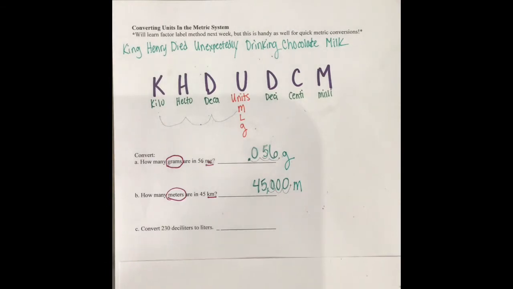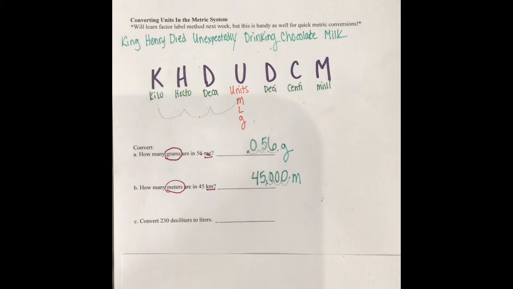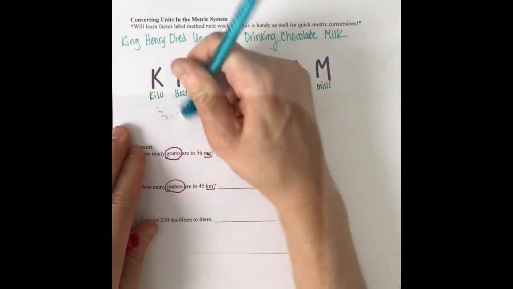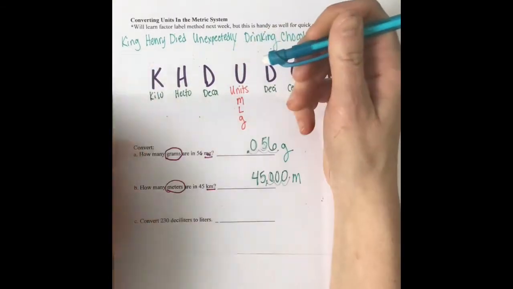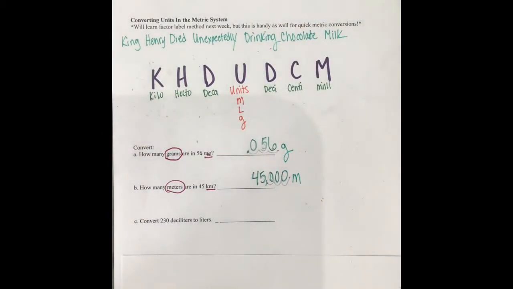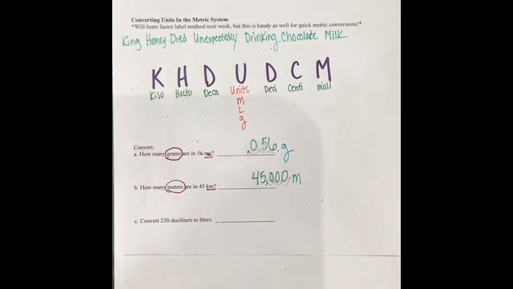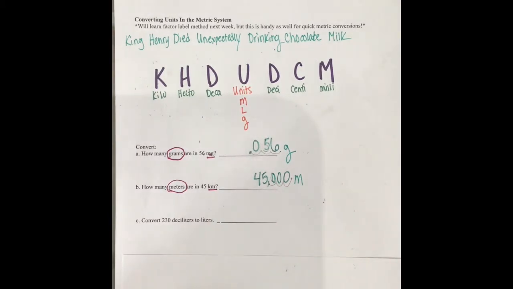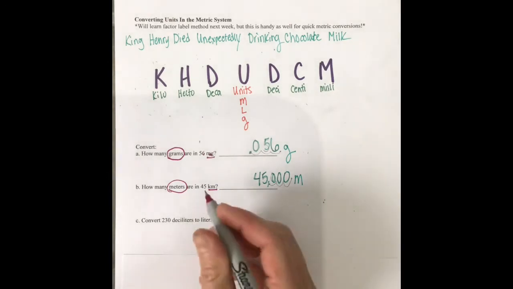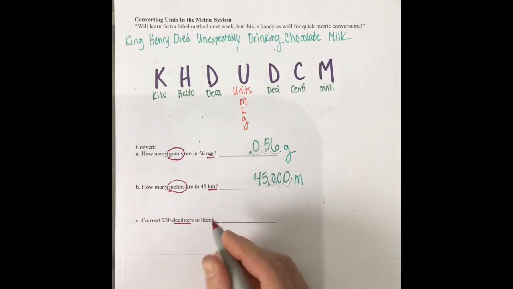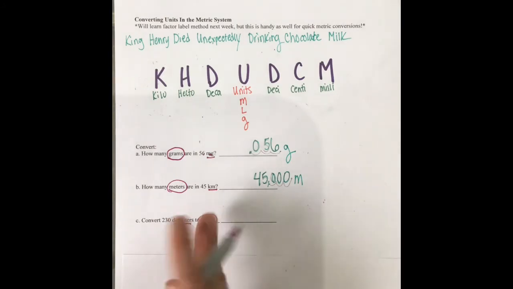I'd like you to take a second to try the last one on your own. Convert 230 deciliters to liters. Okay, so don't let the order confuse you.